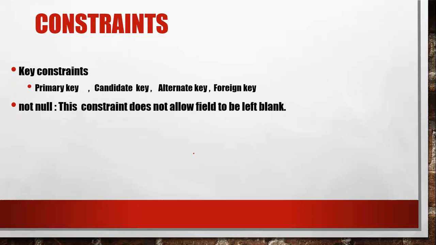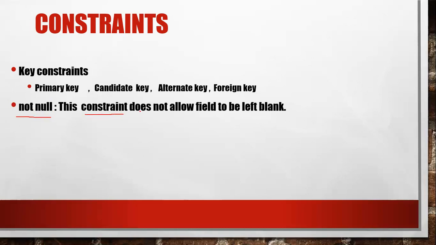The first one is the not null constraint. Why do we use it? Suppose we want to impose a limitation that the user is not allowed to leave a particular field empty while entering a record. So we put a not null constraint on that field.